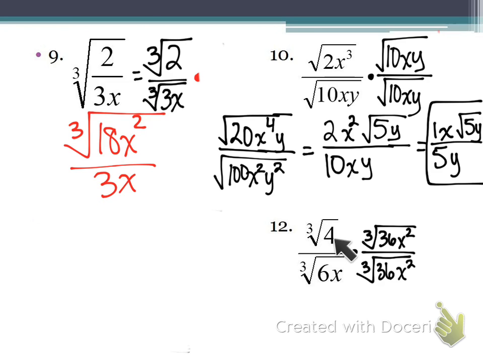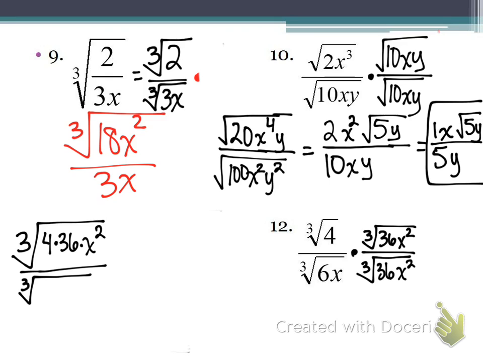So when I multiply the cube root of 4 times the cube root of 36x squared, you can multiply these together, or you can do like we were doing in the beginning of class and write them separately. 4 times 36 times x squared over what's going to be in my denominator. 6 times 36.